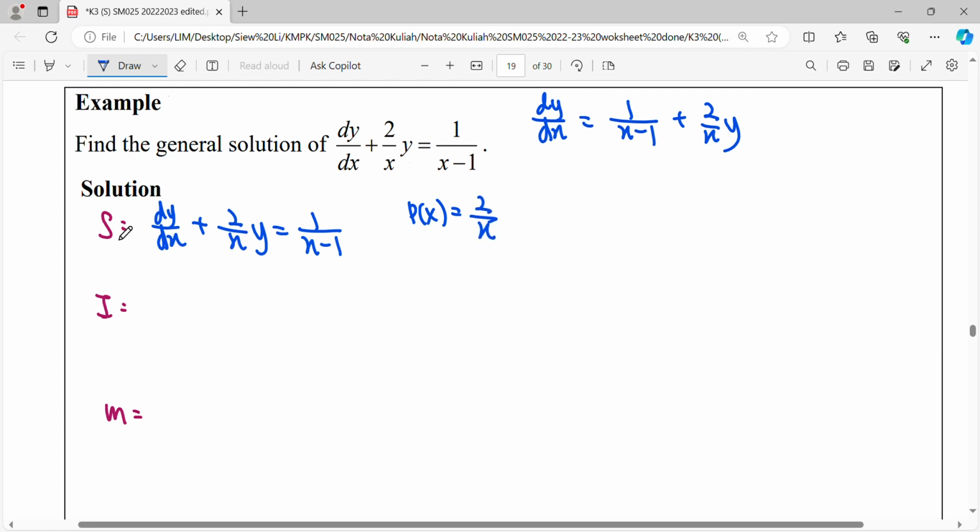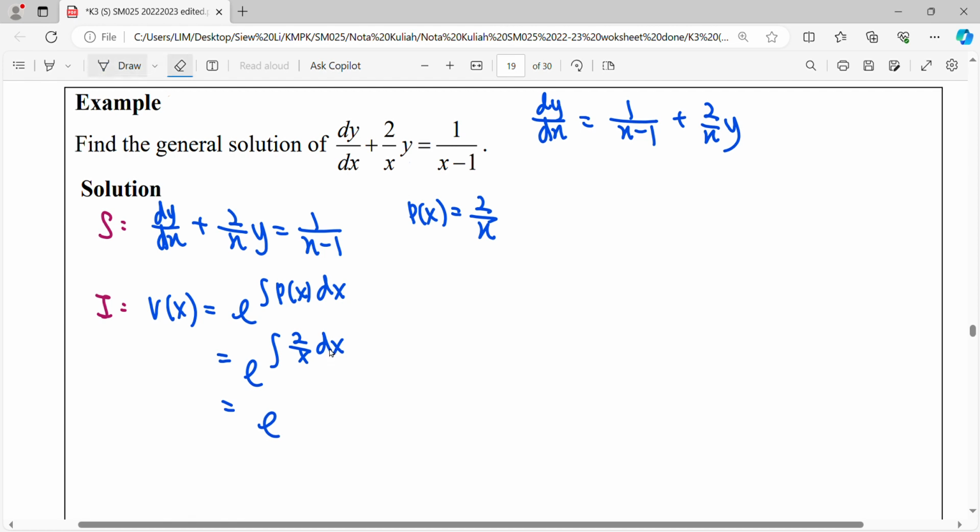Then we move to the second step, which is I. I is finding the integrating factor, where V(x) is equal to e to the power of the integral of P(x) dx. So plug in our P(x), which is 2 over x, dx. Then the integration happens at the power here. To integrate that, we factorize 2.